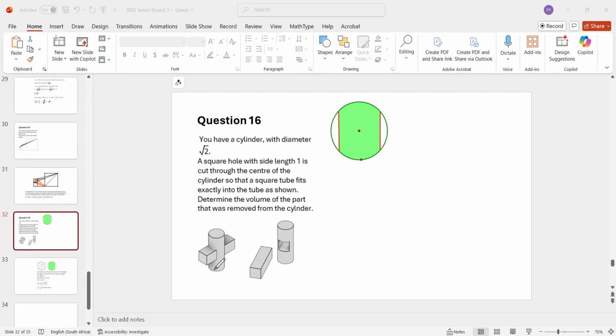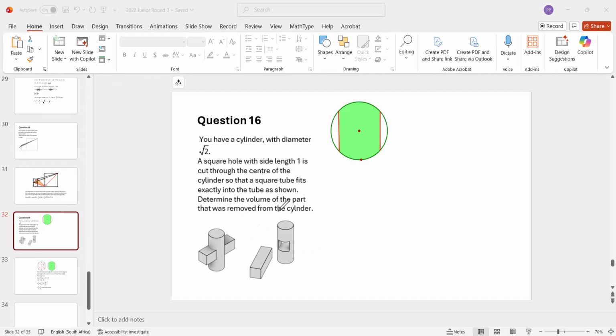Once you create the hole, the space inside is here, and now you are thrusting this square tube in. It doesn't look like a tube, more like a rectangular cylinder. Anyway, that fits in exactly inside here.